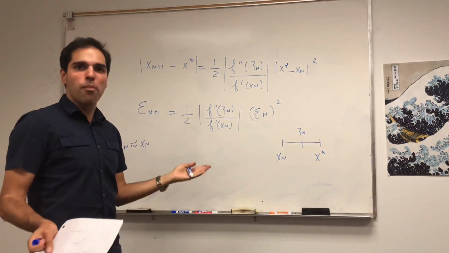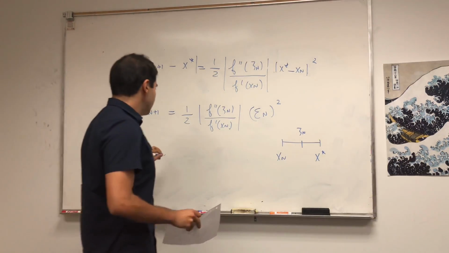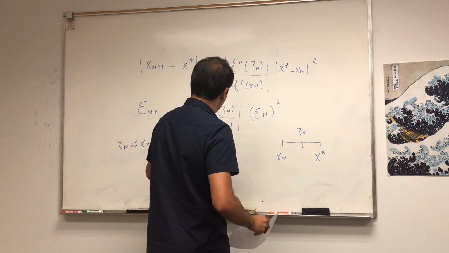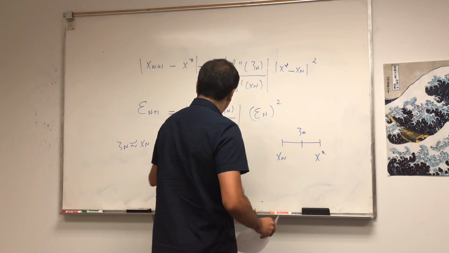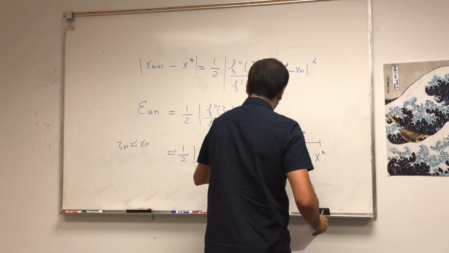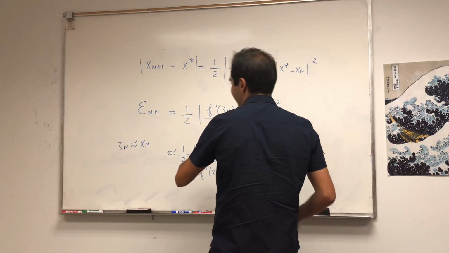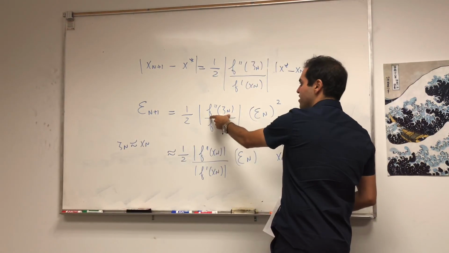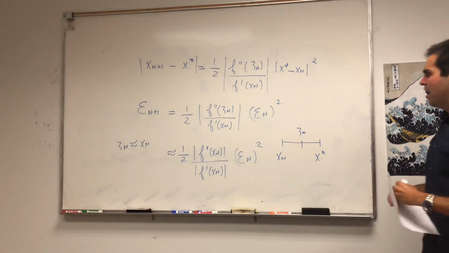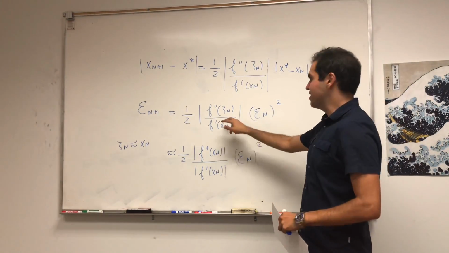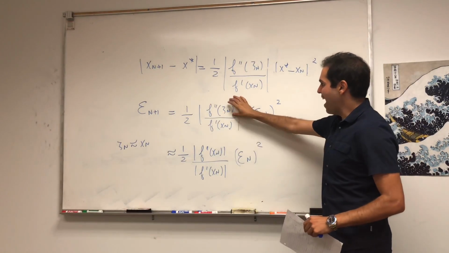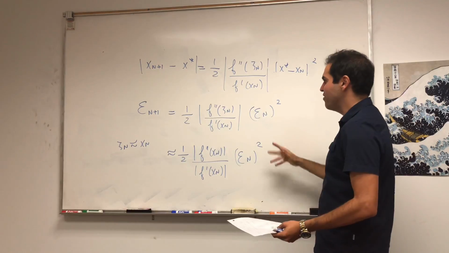And because f double prime is continuous, this is roughly equal to 1/2 f double prime of xn over f prime of xn times epsilon n squared. And again, you can make this rigorous just by considering the difference, by adding and subtracting f double prime of xn.